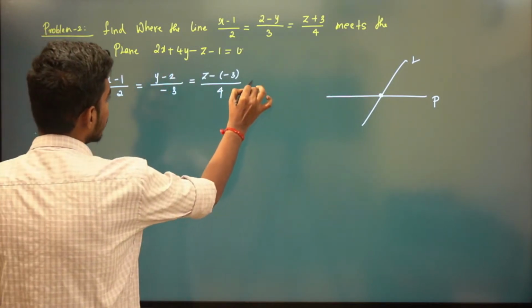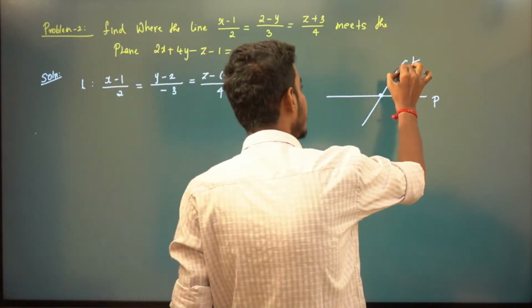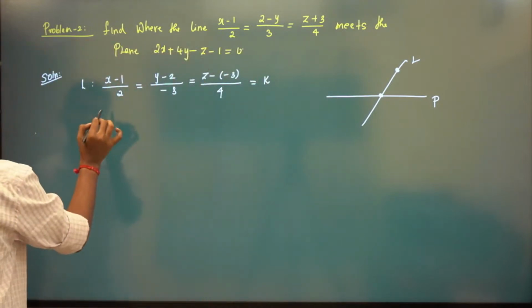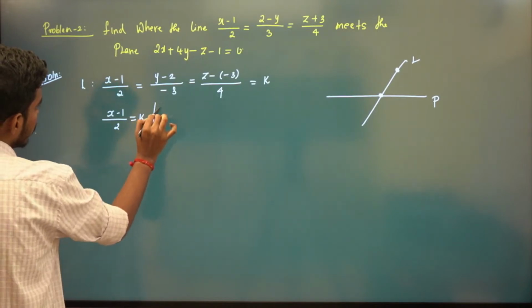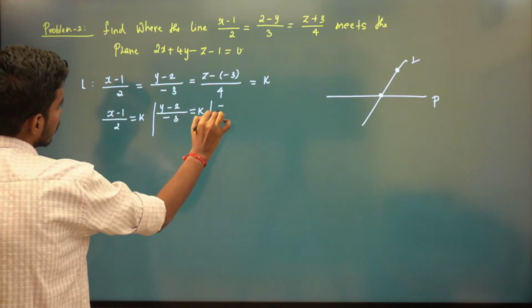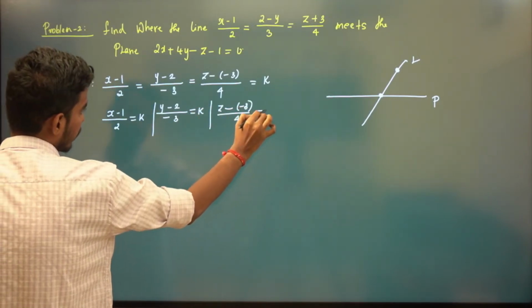Let us say it is equal to some k. Now remember, any point will be of the form (x minus 1)/2 is equal to k, (y minus 2)/(minus 3) is equal to k, (z minus of minus 3)/4 is equal to k.